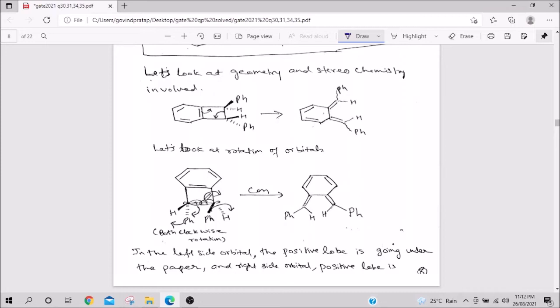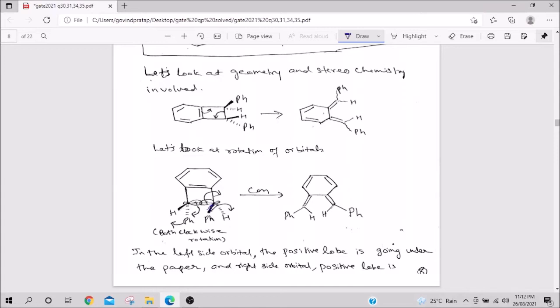Imagine I am rotating both of them clockwise. Forget the orbital and just think about the substituents: rotate this clockwise and this also clockwise. This H is coming out of your screen, and this H is away from the screen. Similarly, this H is away from the screen and this H is away from the screen.